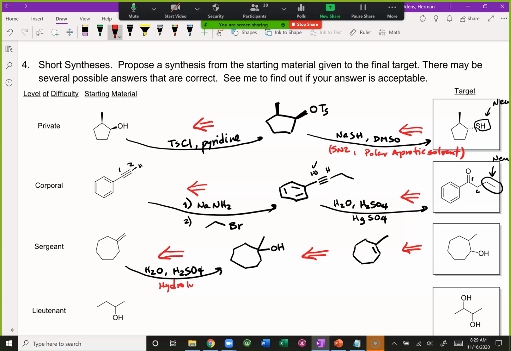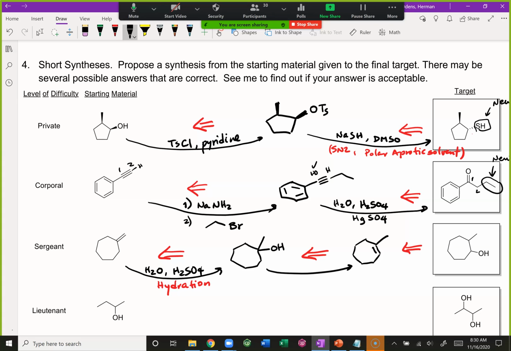Not a hydrolysis, hydration, my bad. We're hydrating. We're not destroying. Hydration of an alkene. From here to here, what would you add? Help me out. Think of something. How will you get rid of that alkene and that alcohol? Make an alkene. That's dehydration, right?